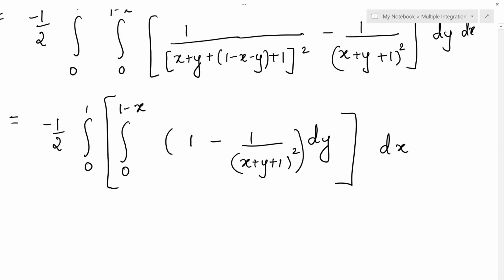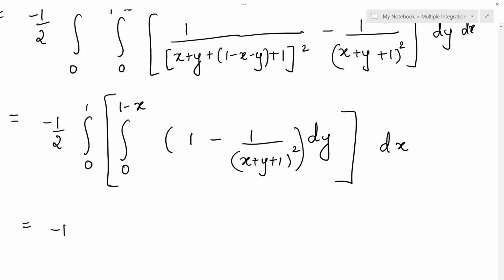So if I integrate with y, I will have 0 to 1. This will be y minus, which will become plus. So you're having this 4, because 1 and 1 is 2 and 2 square is 4. So that will be y by 4 plus 1 upon x plus y plus 1.